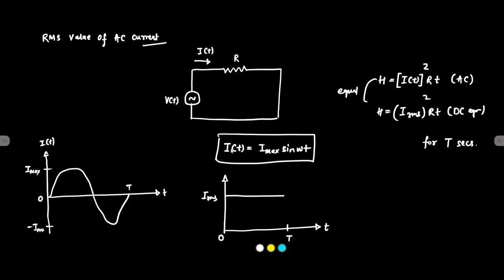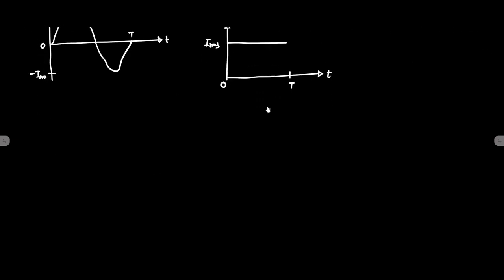Now let's say we are considering this instantaneous value of the alternating current. Let this current IT flow for a small time duration dt.